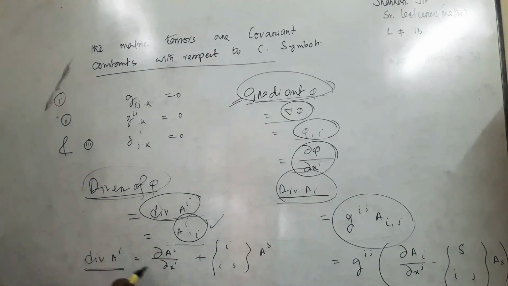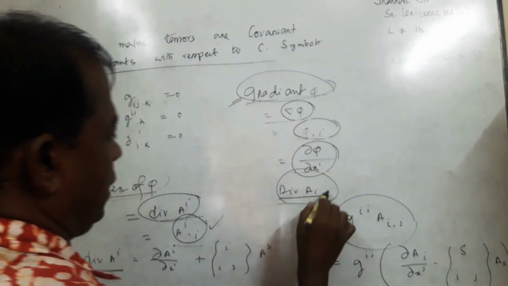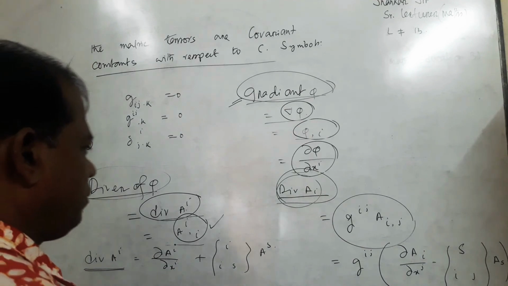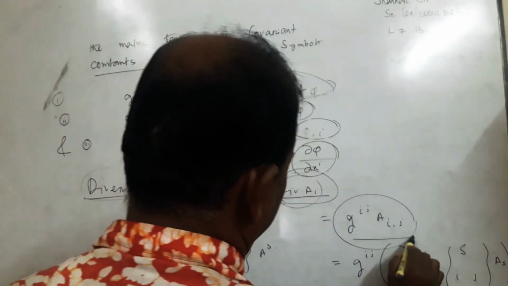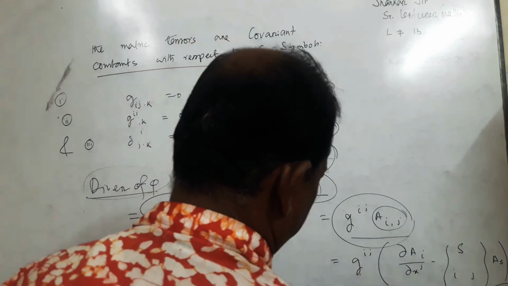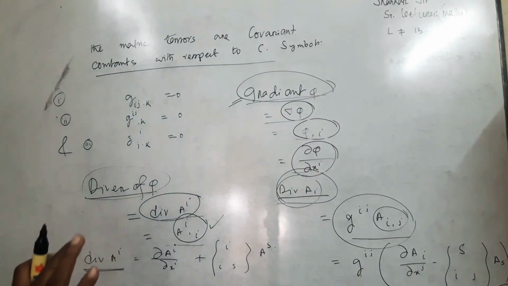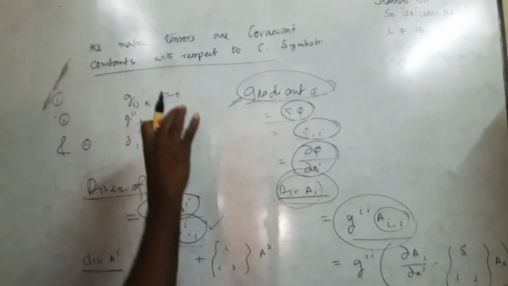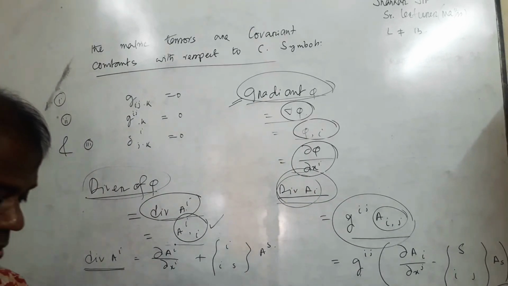Divergence of A^i equals del A^i divided by del x^i plus the Christoffel term. Another way is g^ij A_i,j. This is the format. You have to think deeply about this format.